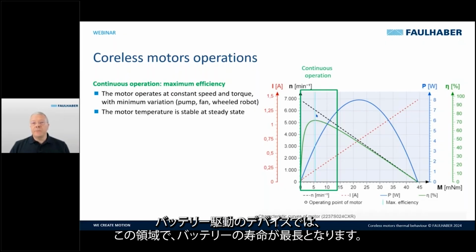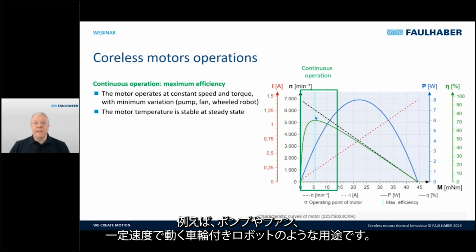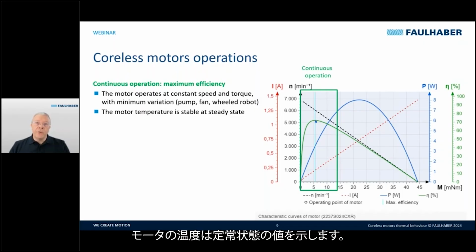So in this region, the battery operated device will have the longest battery lifetime because we are working in the maximum efficiency region. And this is ideal for continuous operation, for example, in applications like pumps, fans, wheeled robots with a constant speed. And in this case, after a long time, the motor temperature will reach a steady state value.